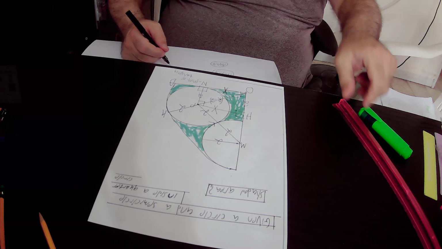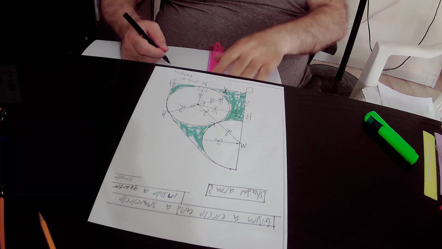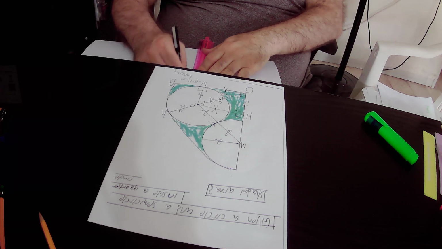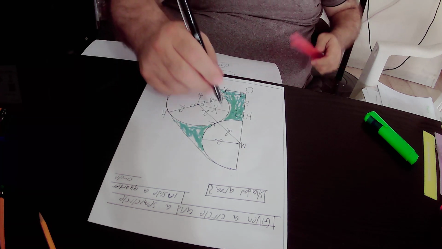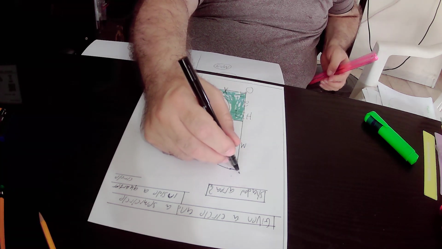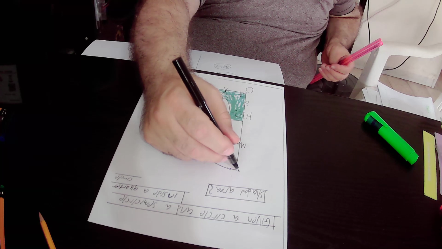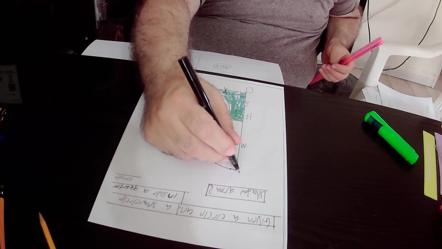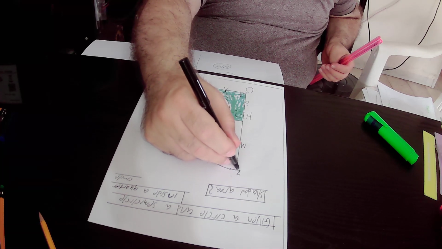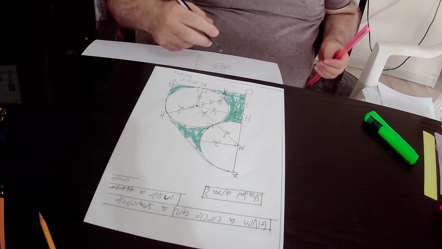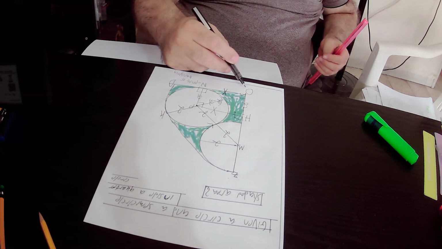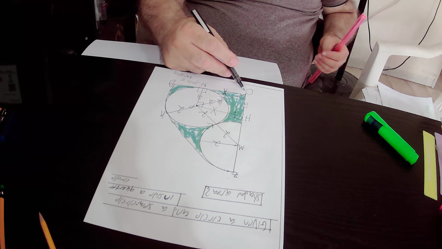In the next step, here we define this point as point Z. Point O is the center of the quarter circle.